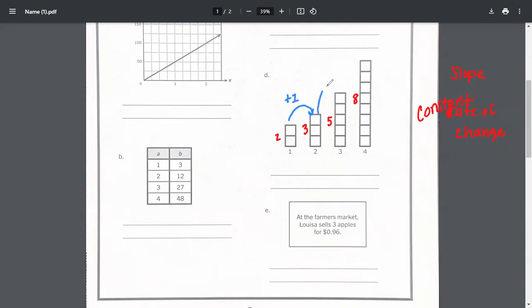But when I went from 3 to 5, you're going to notice that I added 2. When I went from 5 to 8, I added 3. So as we go, we can see that my rate of change is not the same. It's not constant. These are different increments every single time. So that right there shows you one reason, like, hey, this may not be a constant rate of change.